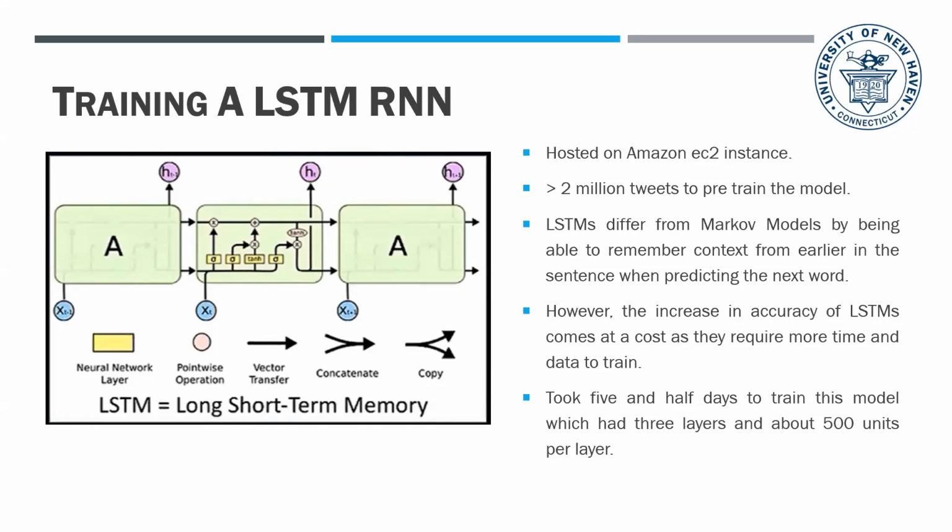LSTM remembers the context of the word and uses it when predicting the next word. This precise output comes with a price: the model requires more time and data to train. It took almost 5.5 days to train this model, which has 3 layers and about 500 units per layer.